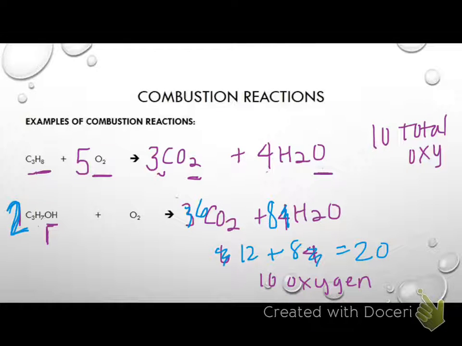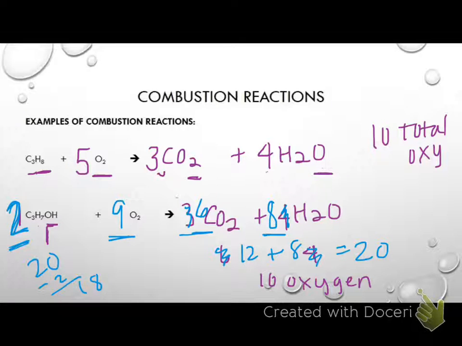So I can see if I can get 20 over here. I already have 2 right here, so minus 2 means I need 18 more. Half of 18 is 9, so I'd put a 9 here. My final answer for this equation would be 2, 9, 6, and 8.